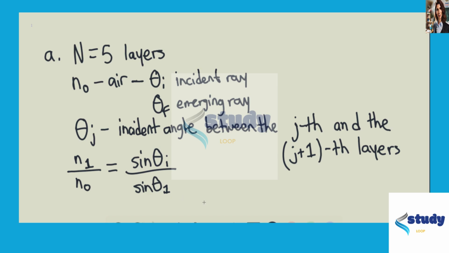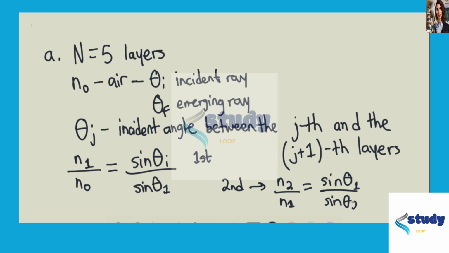For the second, we have n sub 2 over n sub 1 equaling sine of theta sub 1 divided by sine of theta sub 2. And finally, for the last boundary, n sub 0 divided by n sub n will equal sine of theta sub n divided by sine of theta sub f.